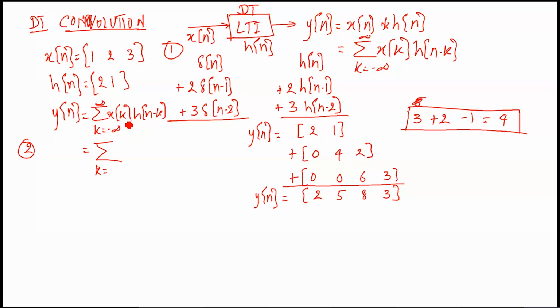It all depends on x of k. We know that the terms exist for index 0, 1 and 2, and before and after this we don't have any value for x. So k is equal to 0 to 2 only. That's the first step, x of k and h of n minus k.